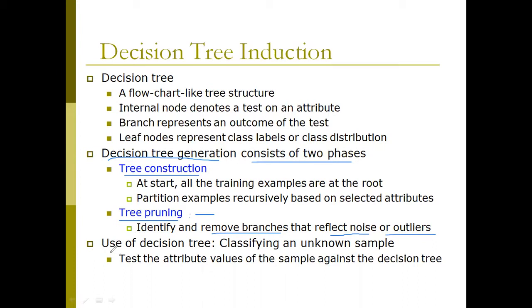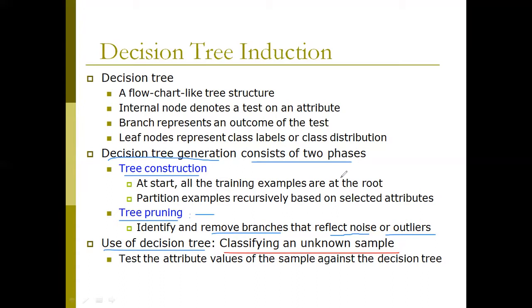And next, the use of a decision tree. What are the uses of a decision tree? A decision tree is used to classify unknown samples. If you have a test set of data, you apply the test data against the decision tree, and it gives the results to us.